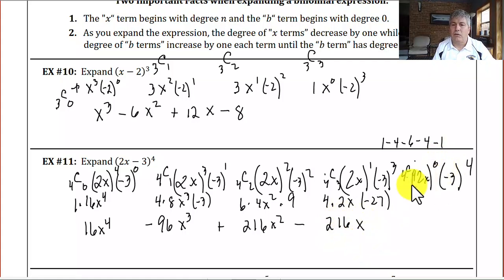And then our final term, our coefficient is 1, 2x to the 0 is 1, and negative 3 to the fourth is positive 81, and so our last term is 81. And now we have expanded 2x minus 3 raised to the fourth.